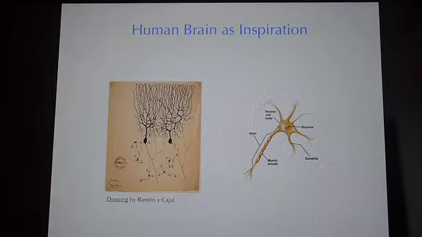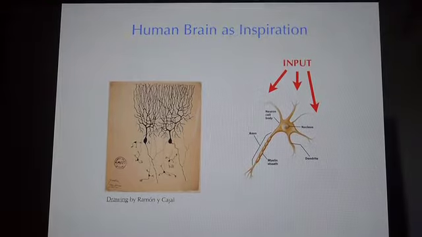After some processing is done on these input signals, the cell generates an output signal on this branch here, which is called an axon. So basically, the cell is a very small information processing unit which receives a bunch of input and then generates one output based on some processing that takes place inside the cell.